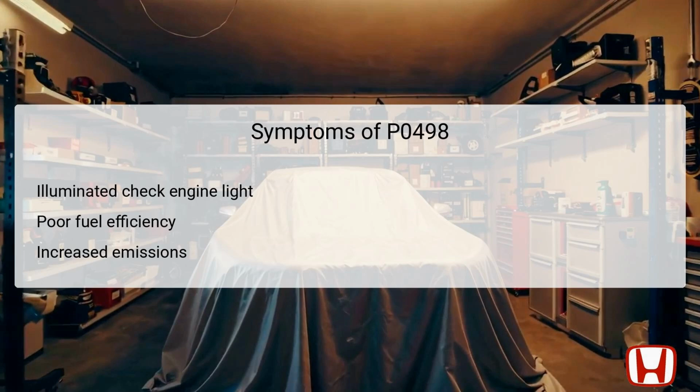Increased emissions can also occur due to improper handling of fuel vapors, leading the vehicle to fail emissions testing. Lastly, drivability issues may arise since the engine control unit may modify fuel dosage or timing, affecting smooth operation. Observing these symptoms emphasizes the need for timely diagnosis and repair.